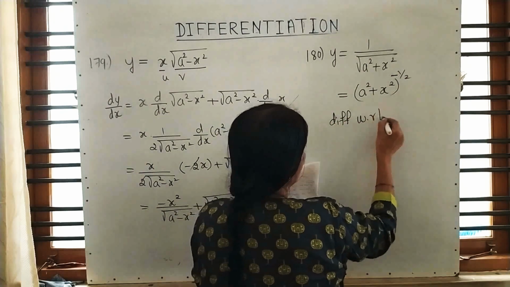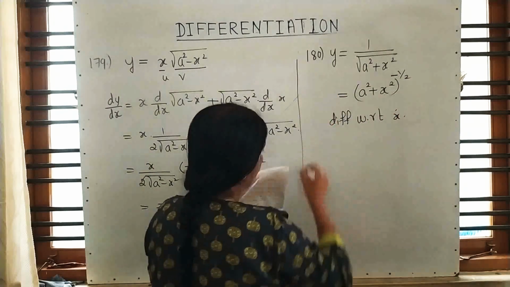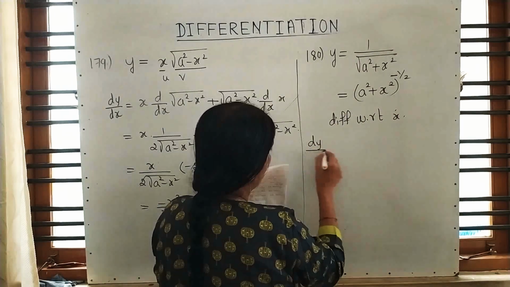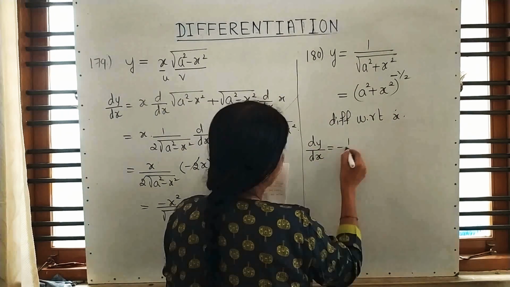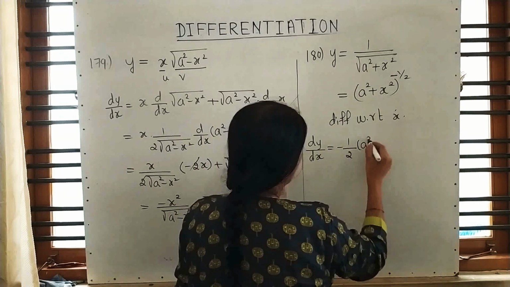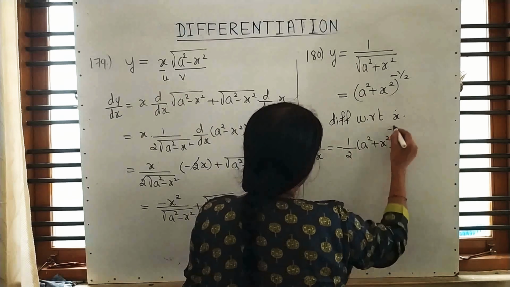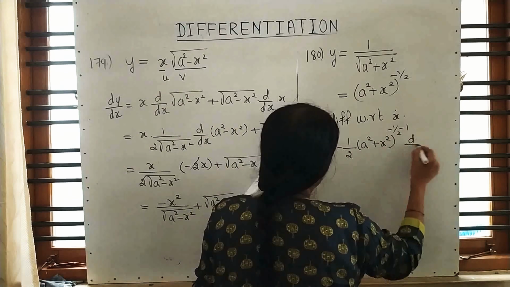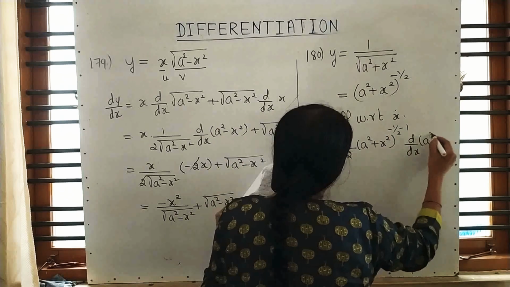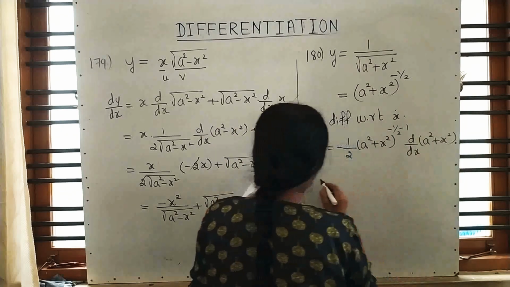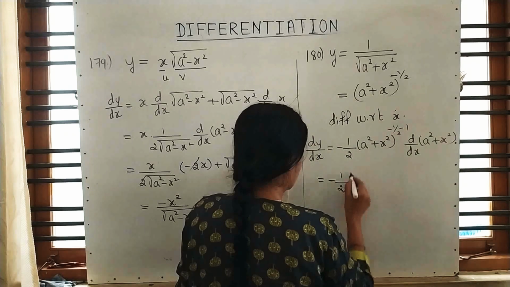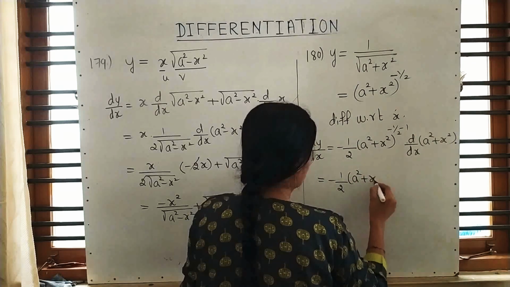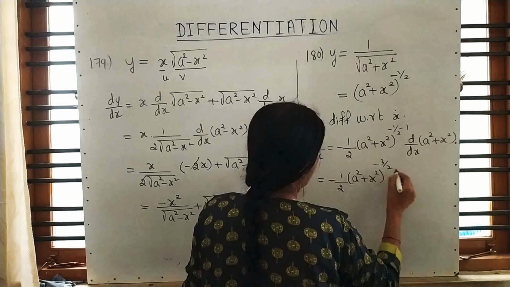Differentiating with respect to x. dy upon dx. First power. Minus half minus 1. After power, base. Minus 3 by 2.